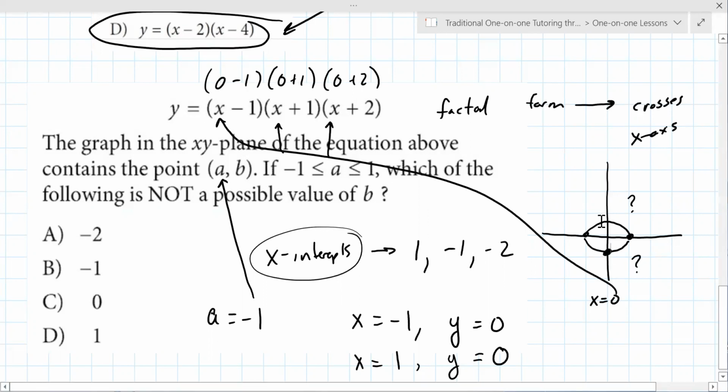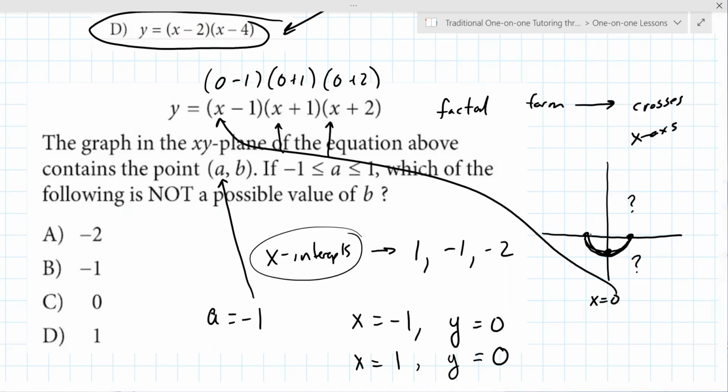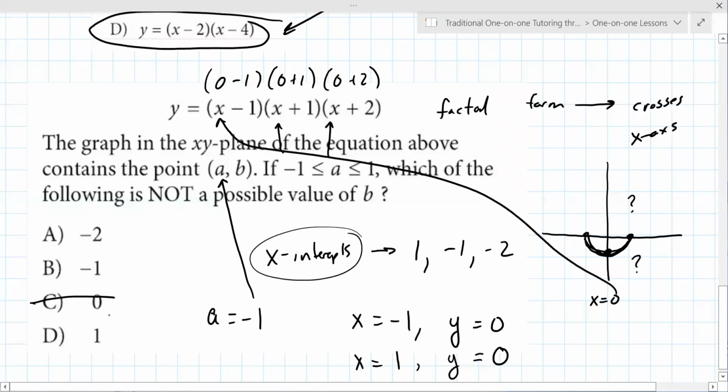That means the graph traverses this bottom position. Okay. We've already indicated that it could be 0, so 0's out. But since it could be a negative number, that leaves D as the only one there.